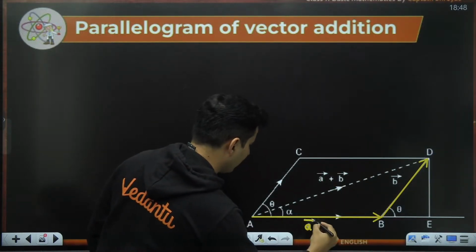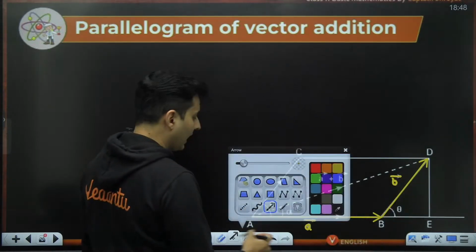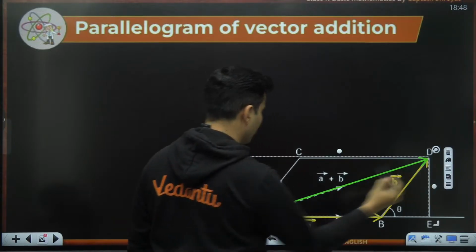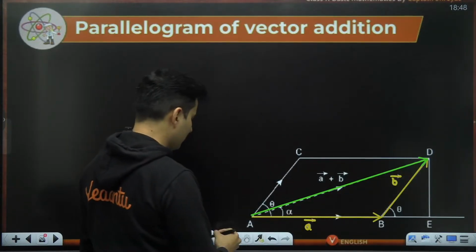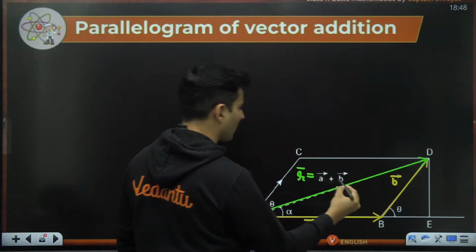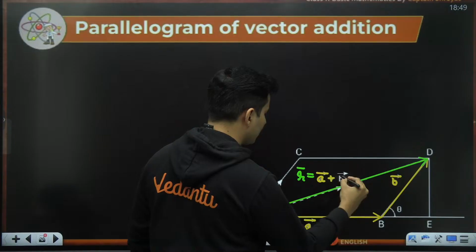By triangle law or parallelogram law, it doesn't really matter, you get the resultant vector out here. This is vector A plus B, which is also our resultant vector.